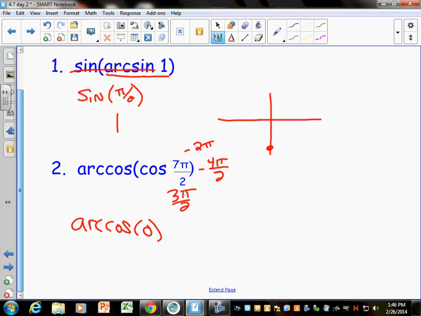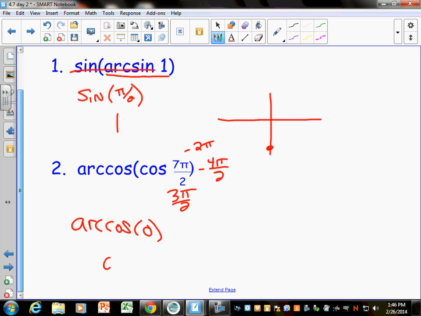Now, what is the arc cosine of 0? Or what angle has a cosine of 0? Pi halves, right?